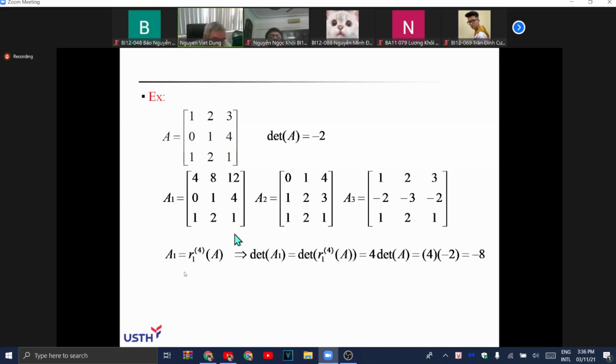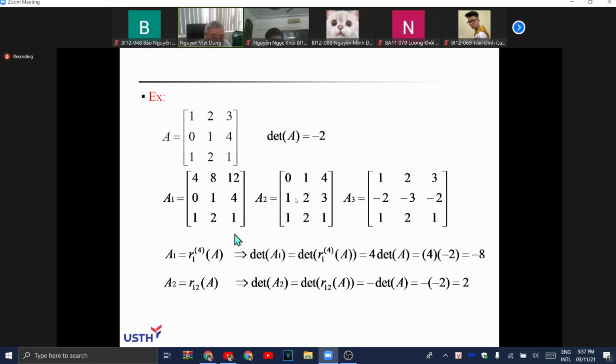The first one, we observe that A1 can be obtained from A by multiplying the first row by 4. It means that A1 equals the elementary operation to the power 4 applied to A. Because of that, the determinant of A1 equals 4 times the determinant of A, which is minus 8. Next, A2 can be obtained from A by exchanging two rows.